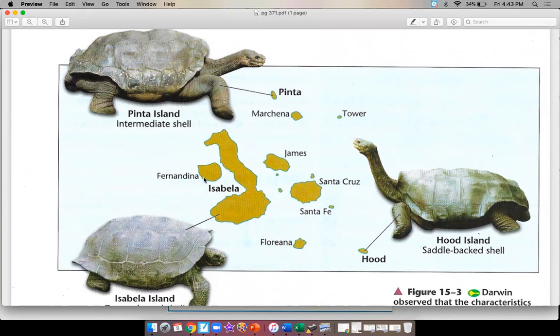The ones on this island spread the genes that made them fit for this environment, and the ones on this island spread the genes that made them fit for this environment. And that's his hypothesis, that caused one original species to start changing into three different species based on three different needs. That was his idea of natural selection, causing evolution.